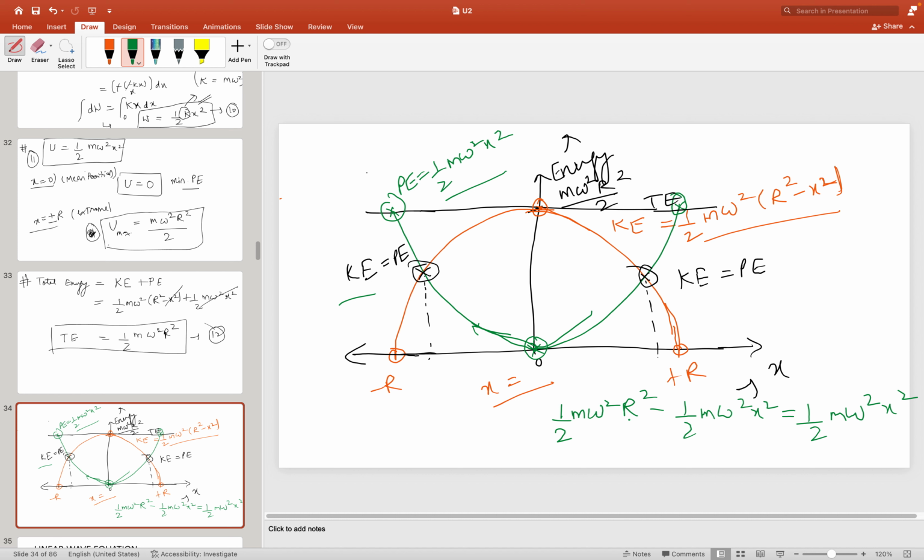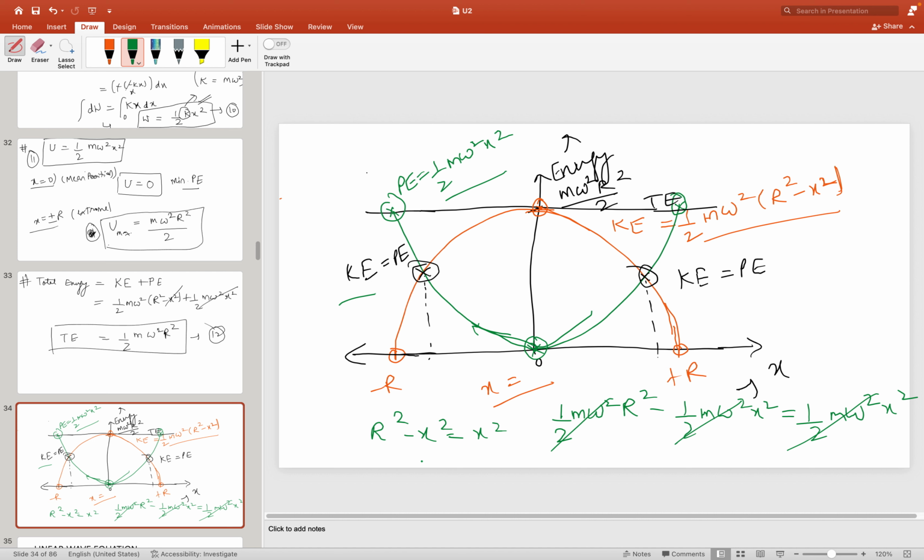So how do you find the value? You equate the two equations. Simply half m omega square can be taken out and cancelled in all the terms. So you will get r square minus x square is equal to x square.